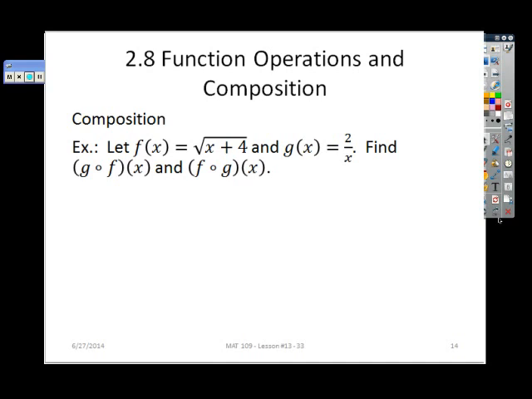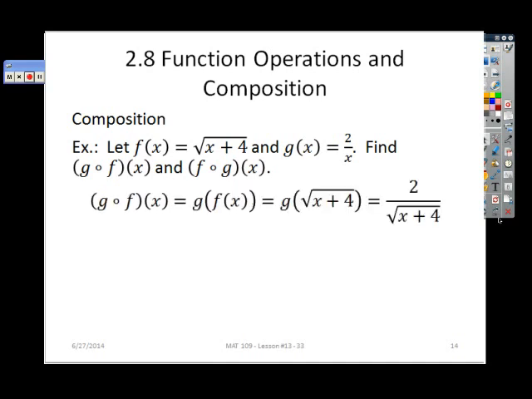Sometimes you must work with the x, like we did in the first example where we had f of g of x. Same two functions. Let's look at what the difference is if we do g of f or f of g with the same two functions.